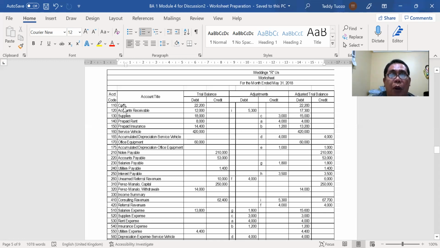So for example, how are we going to cross-foot? For cash, there is a trial balance debit, adjustment none. So you forward it to the adjusted trial balance, 22,000 gihapon on the debit, because no adjustments were made for that account.